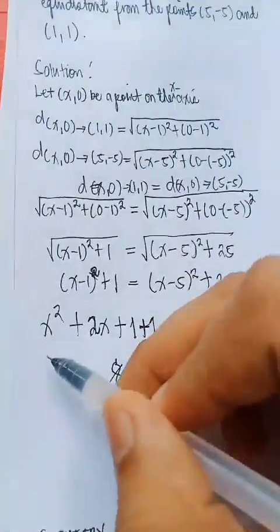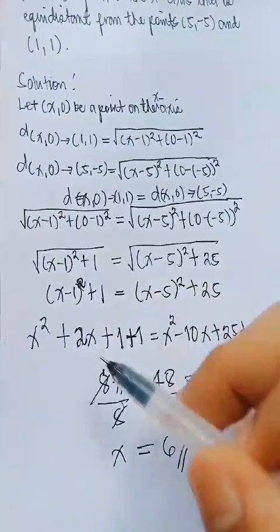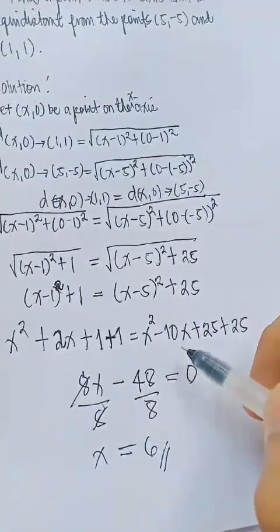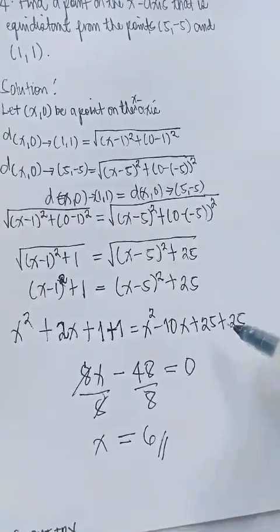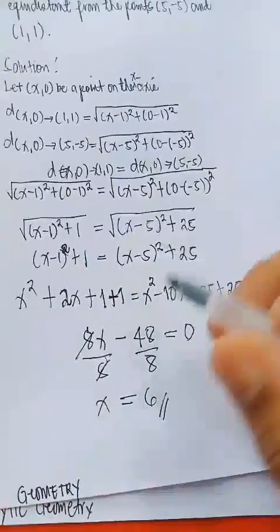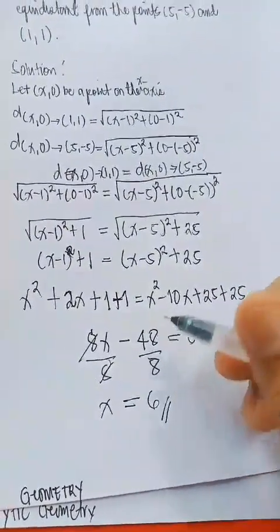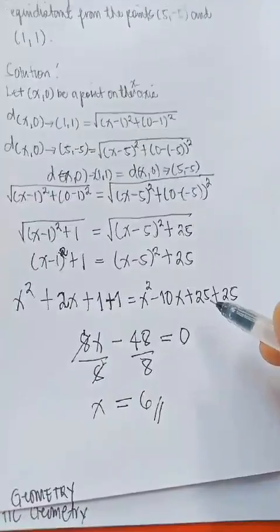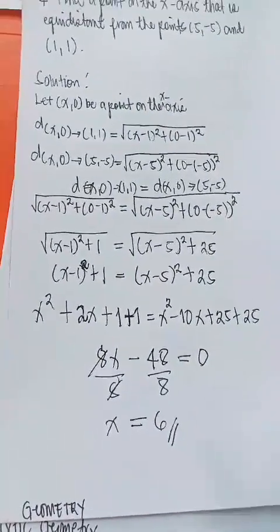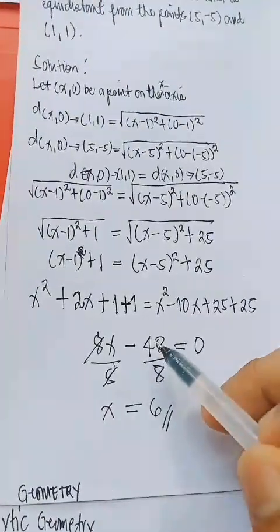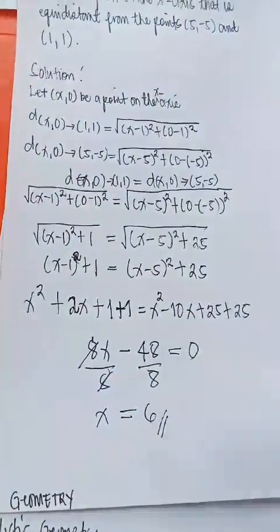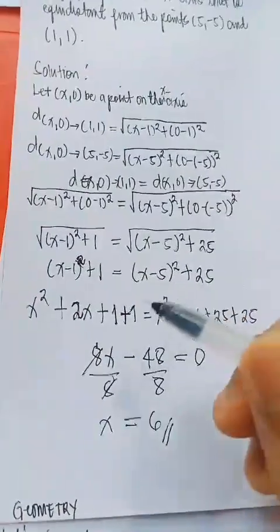Here we have x squared minus 2x plus 1 plus 1 equals x raised to 2 minus 10x plus 25 plus 25. We have here 48 because we added 25 plus 25 and minus 2. Same with 8x, because 10 minus 2 would give us 8.